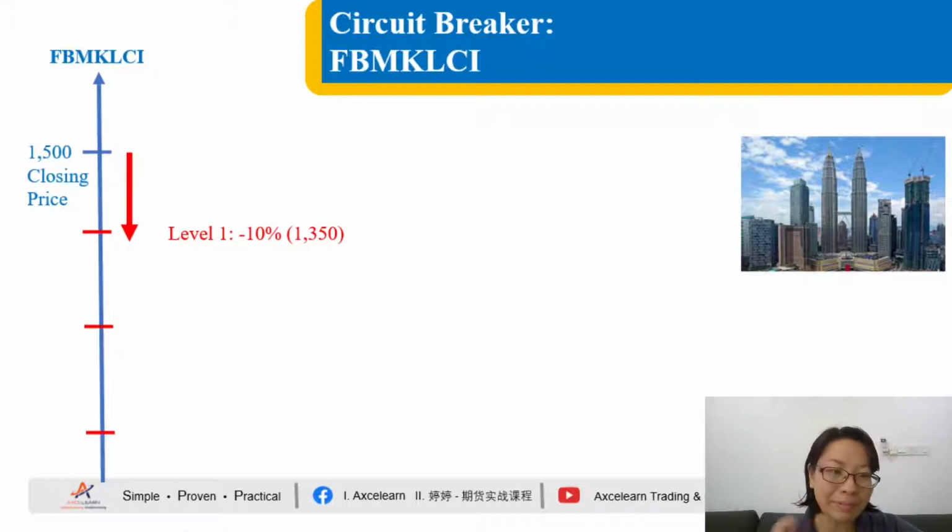Our side is 10%. So 10% based on yesterday's closing of 1,500 is 150 points. If you take 1,500 minus 150, it will be 1,350. So at any point in time, if our FBM KLCI breaks below 1,350, it will trigger the circuit breaker. This is the first level.